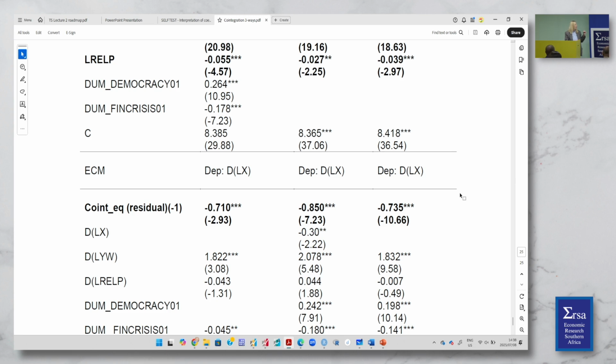that residual measuring the disequilibrium in the previous period, it will take a shorter time to adjust back, the higher the parameter, the closer to 1. So we will see that.